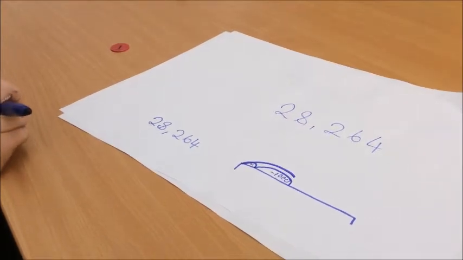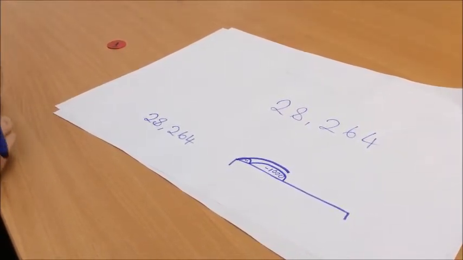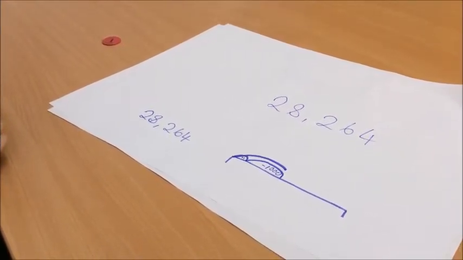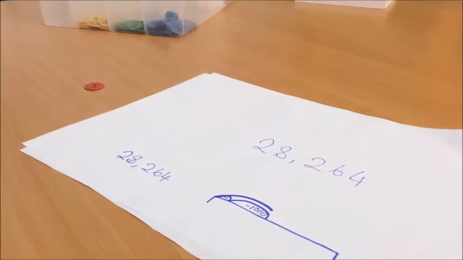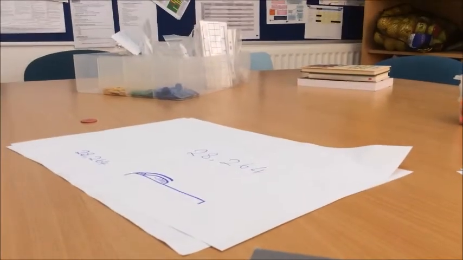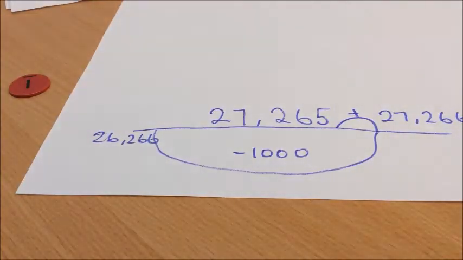Okay, so could you tell me what the answer to that is then, please? 27,263. Fantastic. So you know exactly what you're doing, but just to be clear, can I just draw out a way in which I might see that number line differently than you? Is that okay?